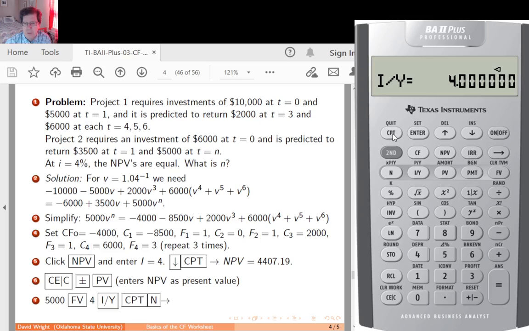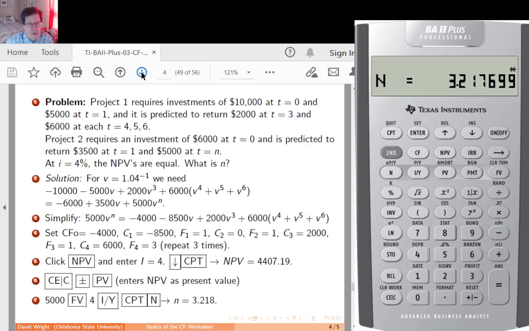So if I say compute N, there it is, 3.217699, and that is the answer to our problem. The 5,000 should be paid at 3.218 years after the investment in Project 2 for them to have the same net present value at 4%. And that's how that problem works, and it was convenient to use the CF worksheet to do this.